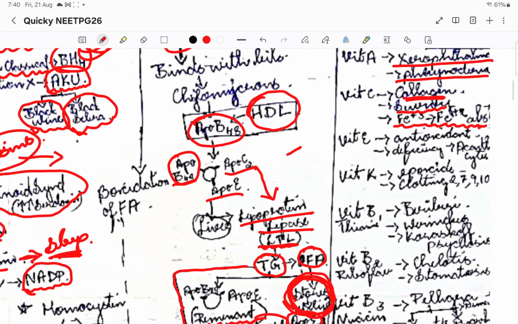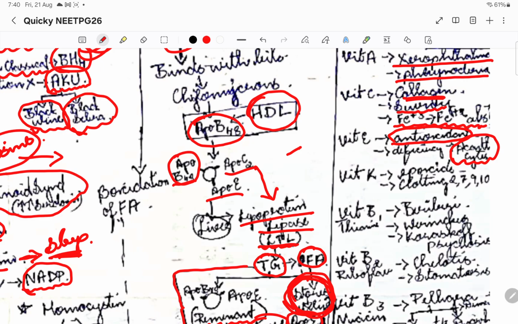Vitamin E is an antioxidant. When vitamin E is deficient, it is going to be acanthocytes. We will discuss more about acanthocytes in hematology, but for now keep in mind vitamin E is an antioxidant. When vitamin E is deficient, the RBC will have instability, so there is breakdown of the cell membranes and all these things will happen.